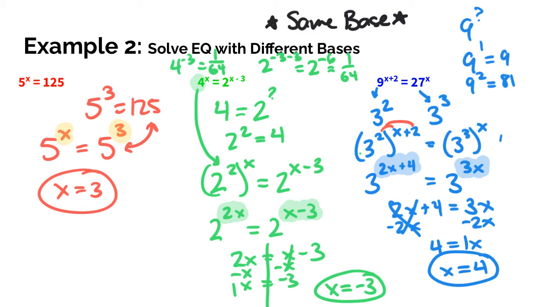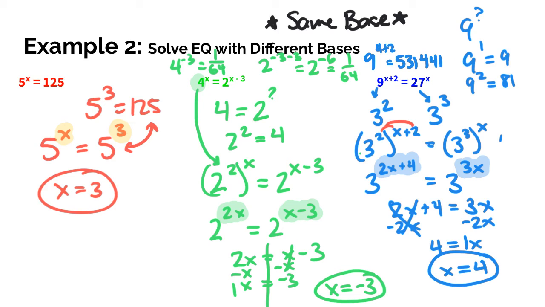If, again, I were to take 4 and plug it all the way back into the very beginning, I would get 9 to the 4 plus 2 power. 9 to the 4 plus 2 is like saying 9 to the 6 power, which is going to give you a pretty big number. It's going to be 531,441.